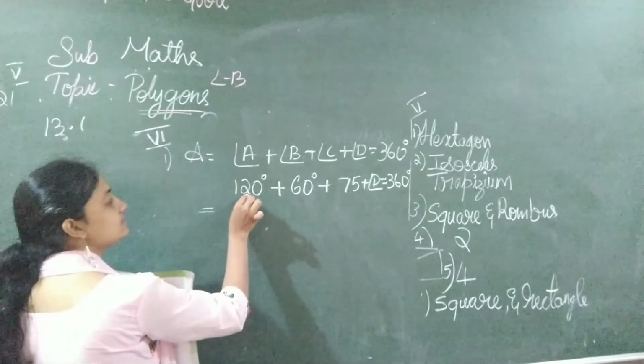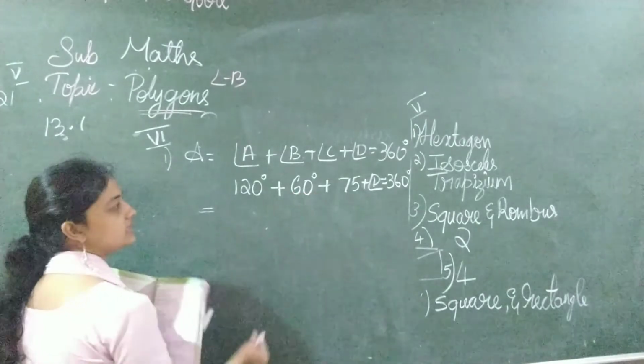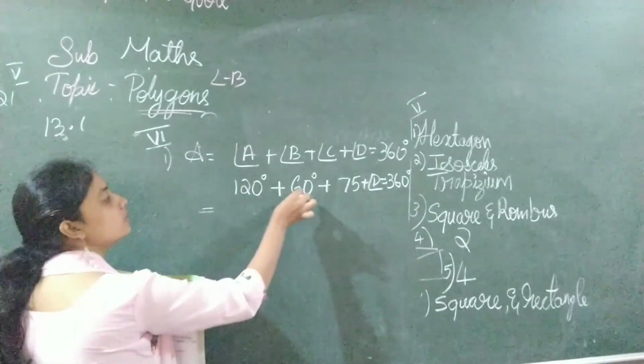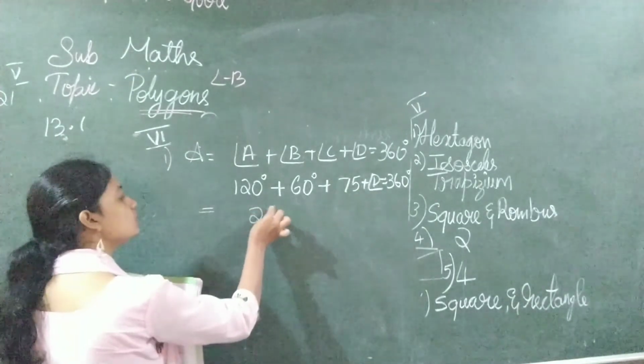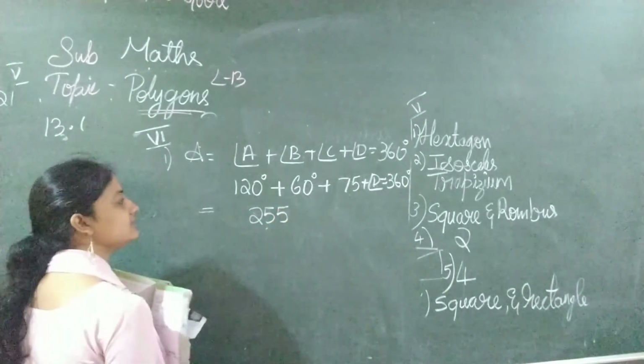So 120 plus 60. It is 180. 180 plus 75. So it will be 255 degree.